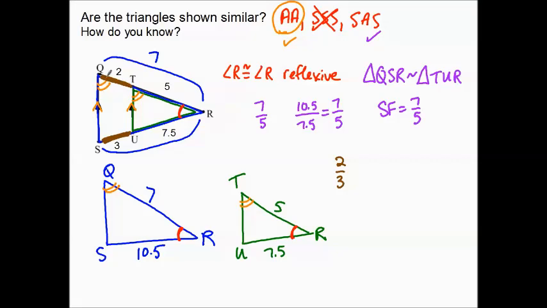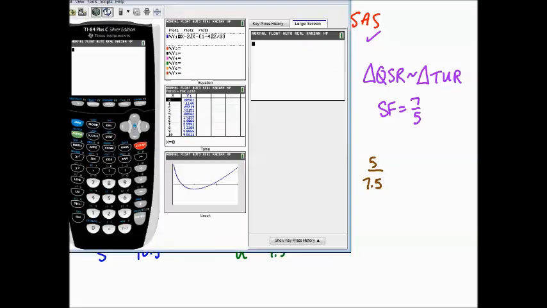We did the piece that's on the left with the piece that's on the left, going from top to bottom. What if we match up the piece that's on the right with the piece on the bottom that's on the right? So we did left with left, and what if we do right with right? Well, let's make into a ratio those 2 pieces on the right, 5 and 7.5. Let's find our calculators and type it in.